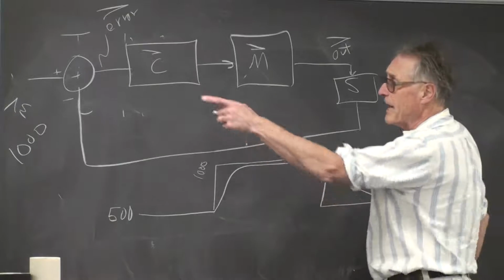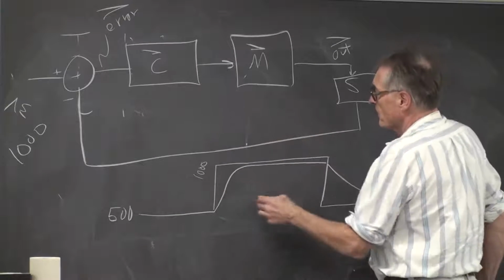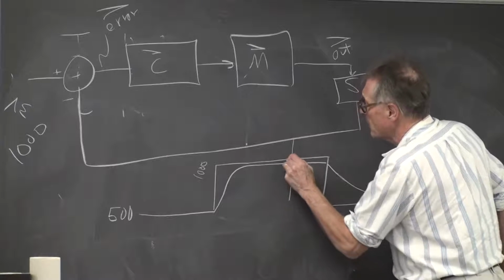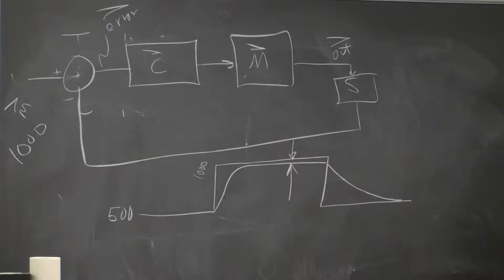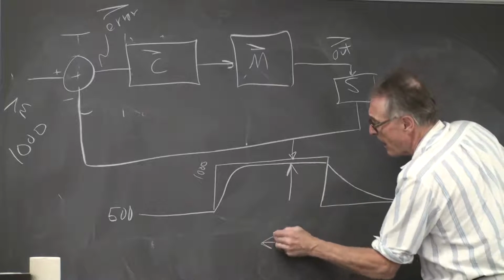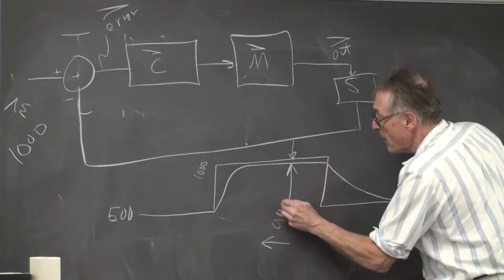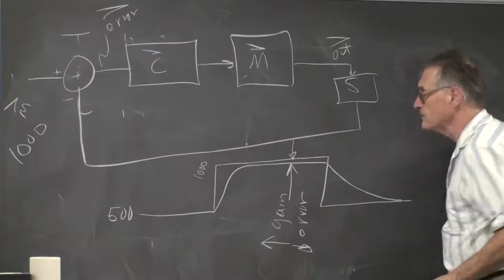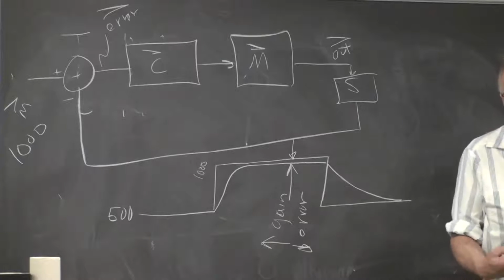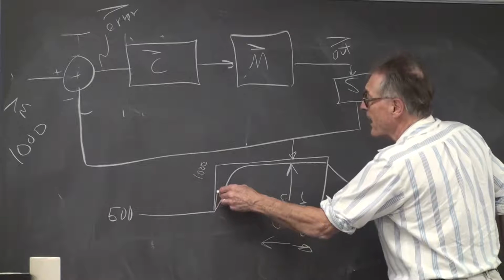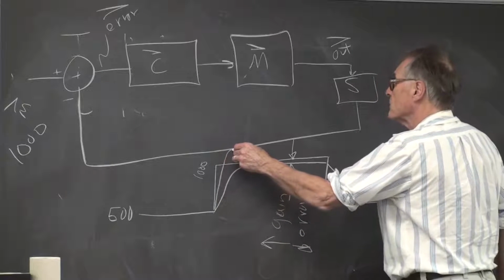If you turn up the gain enough, the static error will get smaller and smaller. Turning up the gain makes smaller static error. But if you turn it up too much, the system will come up really fast and keep going and overshoot.